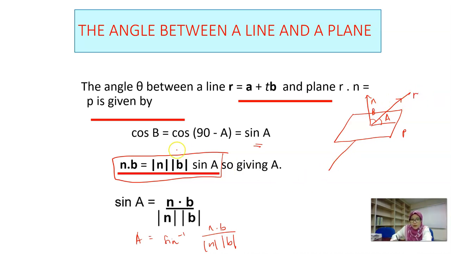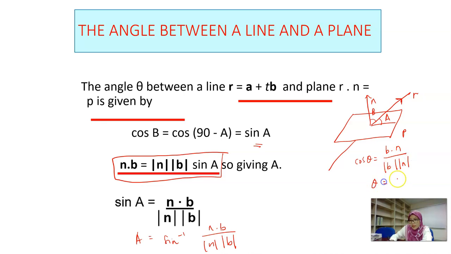You can also use cos theta. Cos theta equals the direction vector of r, which is b, dot with n over modulus of b times modulus of n.